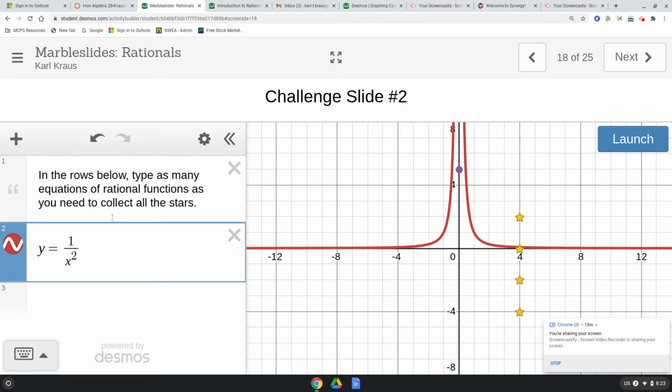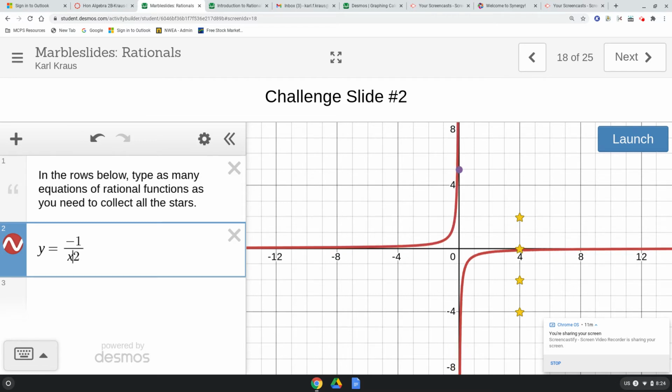And that's going the wrong direction, so I want to go negative. And I'm going to make this denominator move it over.